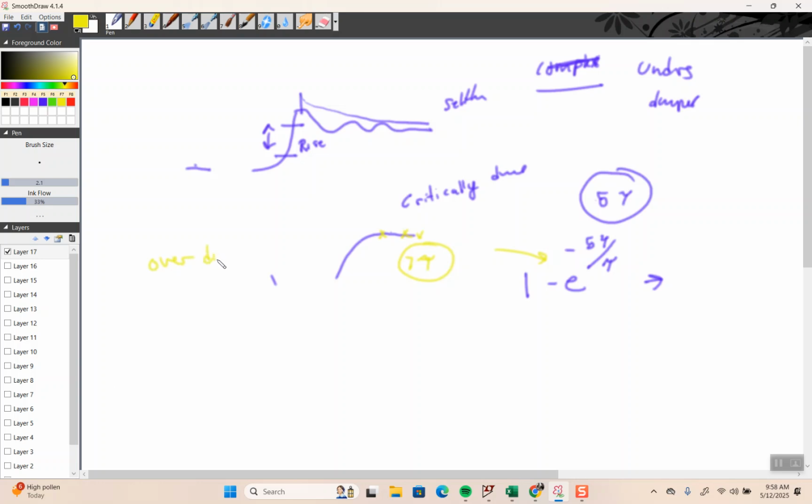The problem though with the overdamped is you have two different rates going on here. Now if one is much, much bigger than the other, it's practically a first order. You can get away with it. But I could not come up with a question where you could look at it and you could just tell me.